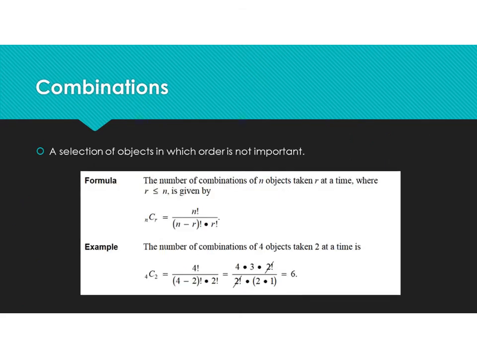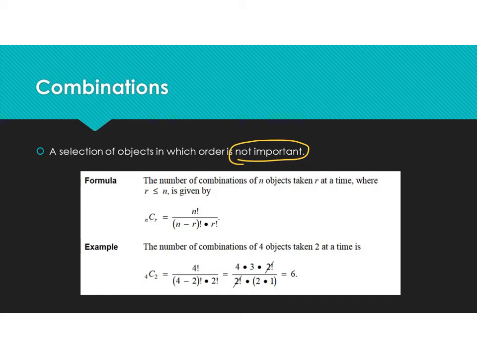So before we get into our extra examples, we do need to talk about combinations. A combination is something where order is not important. So I'm going to pick 3 people to be class leaders for the week, but it doesn't matter in which order you're picked because you're all just a class leader. It's not like president, vice president, secretary.